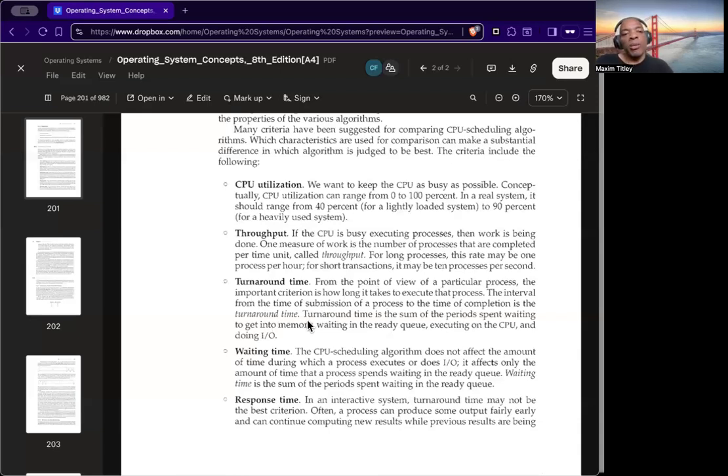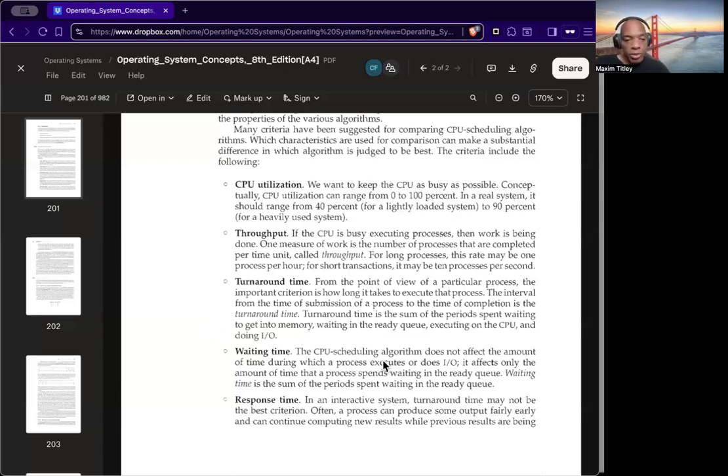How long does it take for us to put this process in the rearview mirror after we have submitted it for execution? That's our turnaround time. And it's going to be the sum of periods spent waiting to get into memory, waiting in the ready queue, executing on the CPU, and doing I/O. That's the turnaround time, from waiting to actually get started to actual completion.